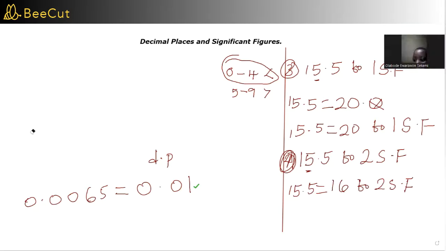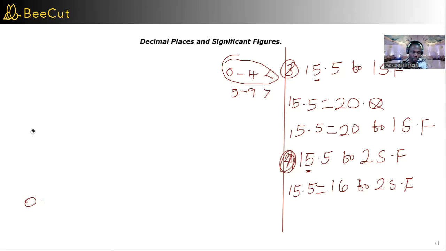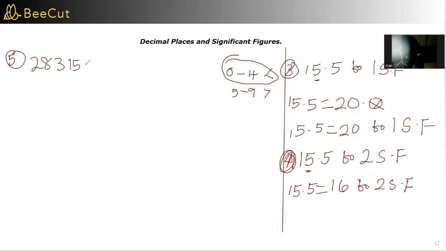I will solve 2 more examples, then I will direct questions to each of you to know how vast your knowledge in this is. So number 5, let's assume you have 28,315 as a number of points.